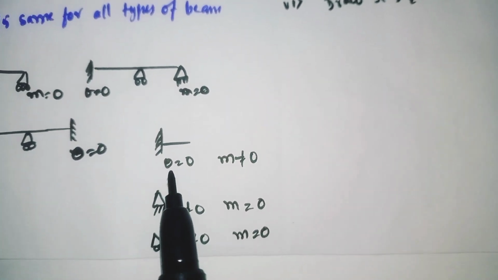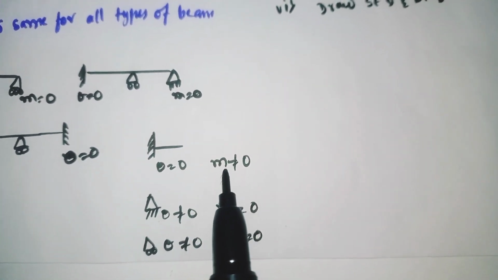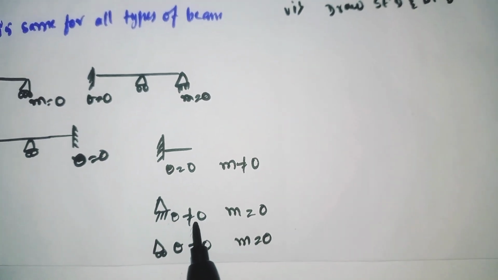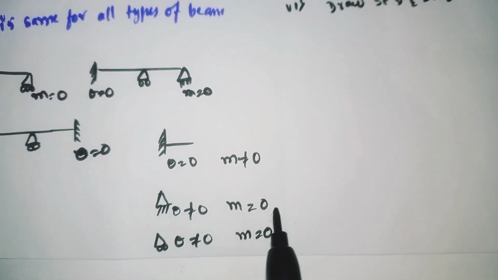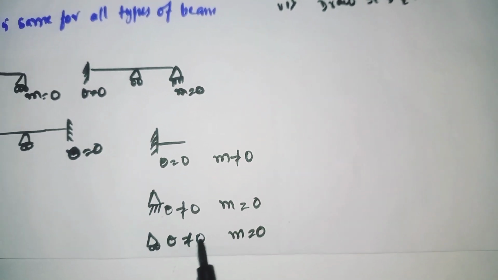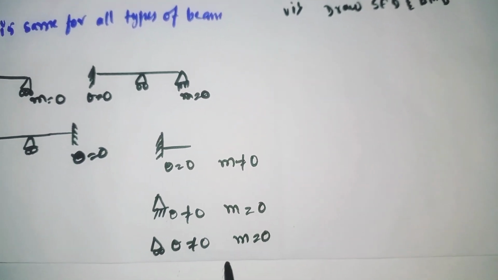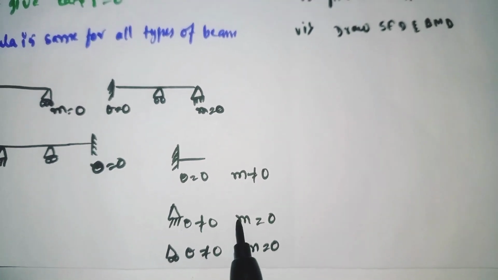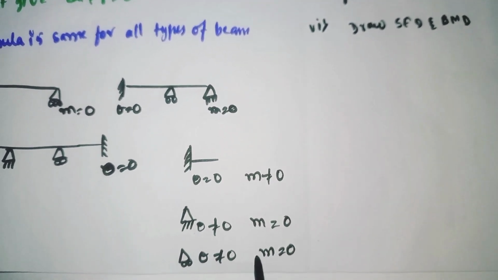At fixed, our slope is equal to 0 and bending moment is not equal to 0. At hinged, our slope is not equal to 0, our moment is equal to 0. Here at roller also our slope is not equal to 0 and moment is equal to 0. This you need to remember, it is useful while solving the problem.